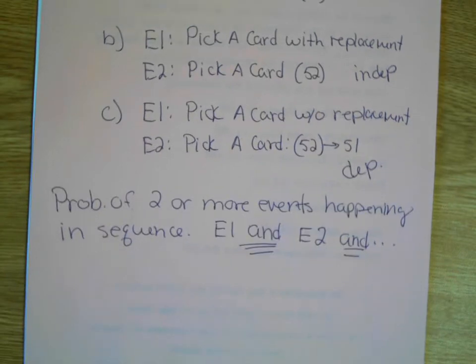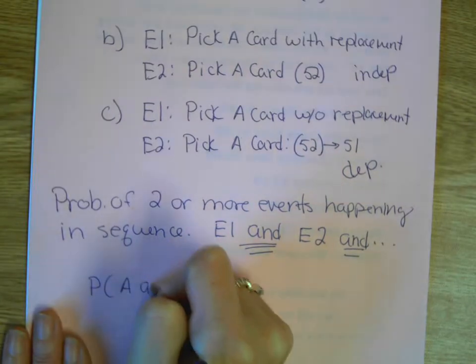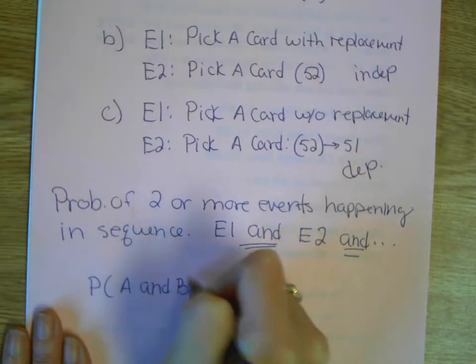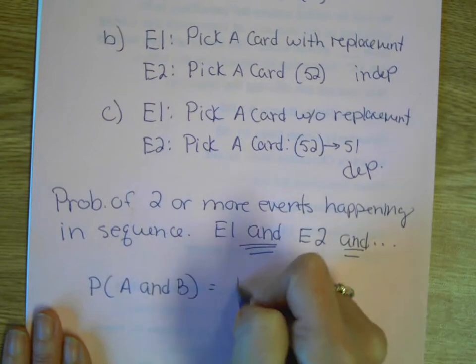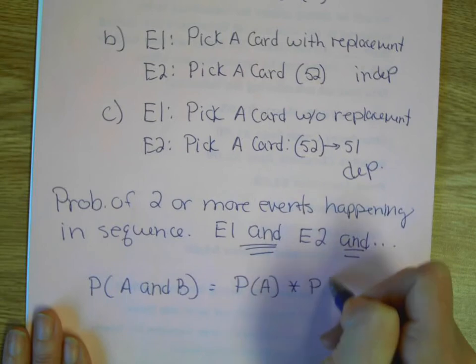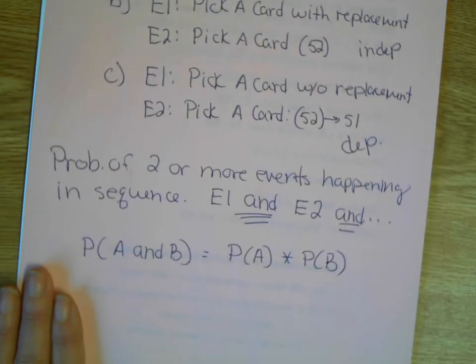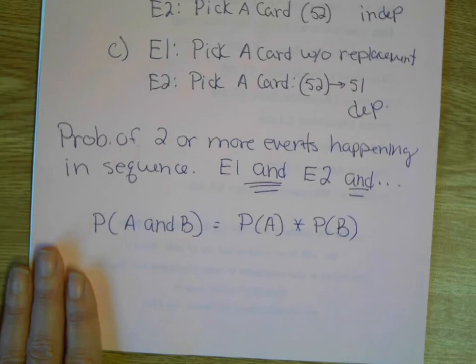So, in the way you do probabilities of successive events happening, you multiply those probabilities together. So the probability of A happening and B happening, you just multiply the two probabilities together if A and B are independent.